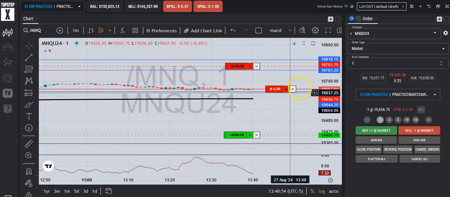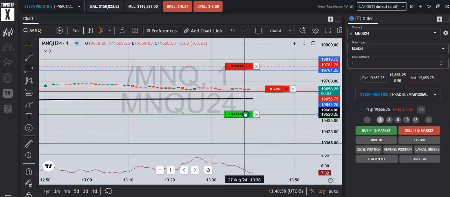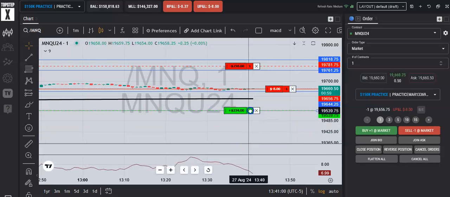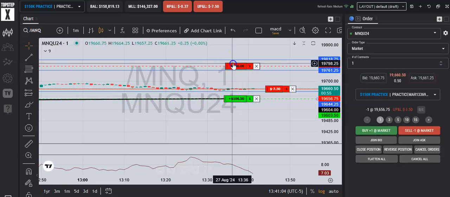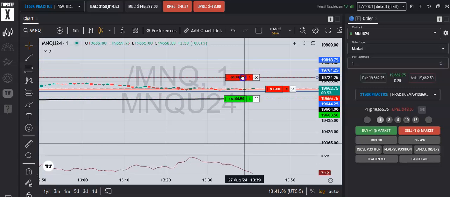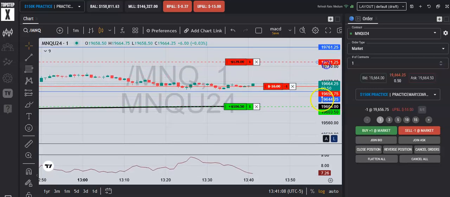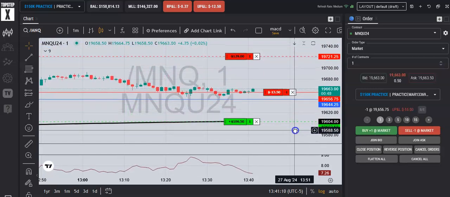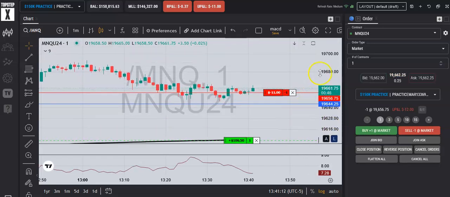It's just so far off with these micros that it doesn't show. So I'm just going to move this up, and you'll notice as I move that up and down, it will change the price accordingly. Let's just move these in to roughly $100. Then I'll expand this back out so it's on the screen, and let's just watch.